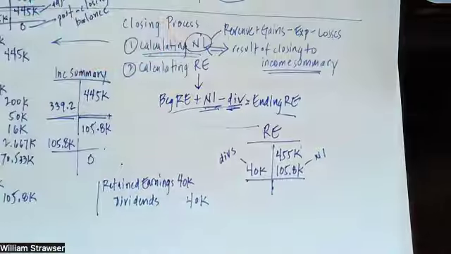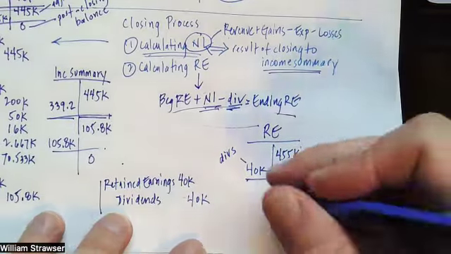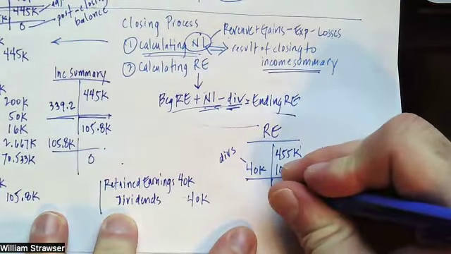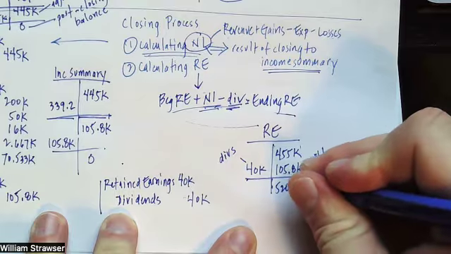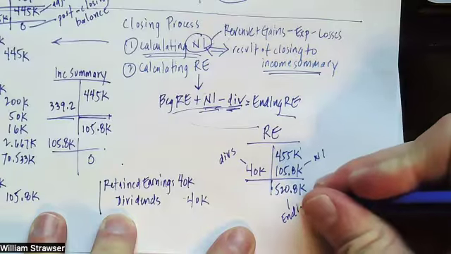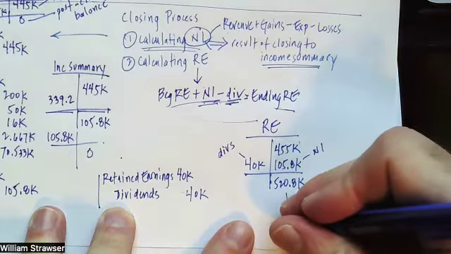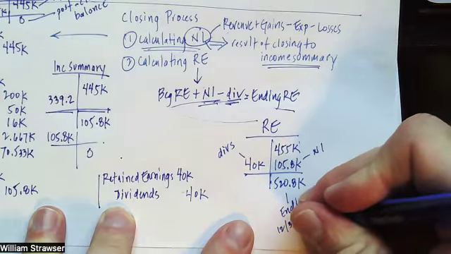So we take the 455 beginning retained earnings, add the net income, and then subtract the dividends. That gives me 520,800. So this would be my ending retained earnings. This is what would appear on a 12/31/20 balance sheet.